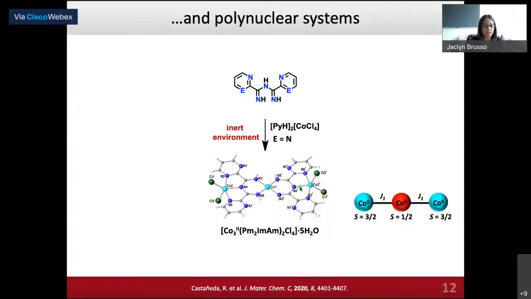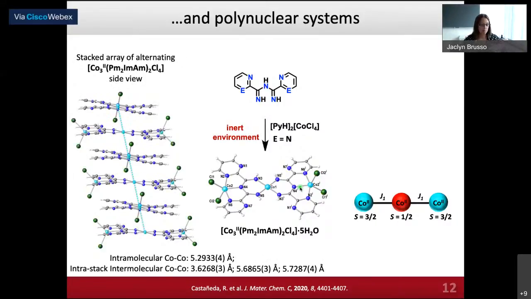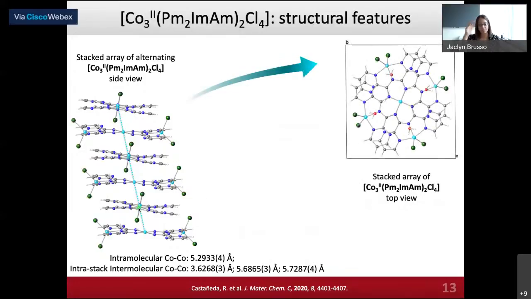What's particularly attractive about this cobalt trinuclear system is due to the planarity. The molecules alternate in the stack, and that leads to this really short cobalt-cobalt contact between molecules. If we look at a top view, or a bird's eye view, of this stack, we end up with this column of our cobalt complexes.